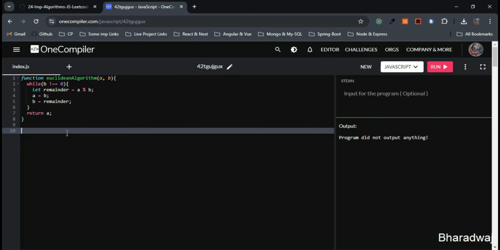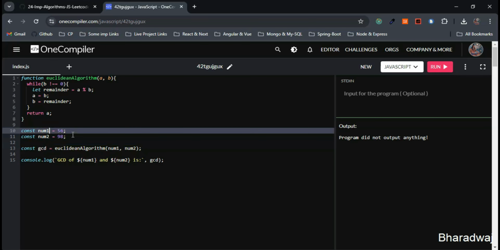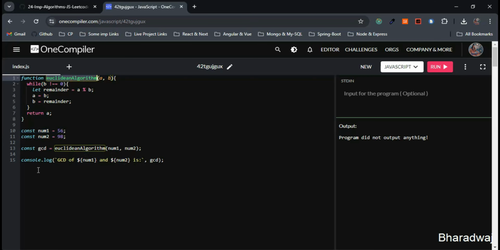Let's consider an example. After that, let's speak about the time complexity and the space complexity. I'll paste this example: num1 and num2 are two numbers whose GCD we have to find. I've considered num1 as 56 and num2 as 98. We call the Euclidean algorithm function with parameters num1 and num2, and finally we print the GCD.